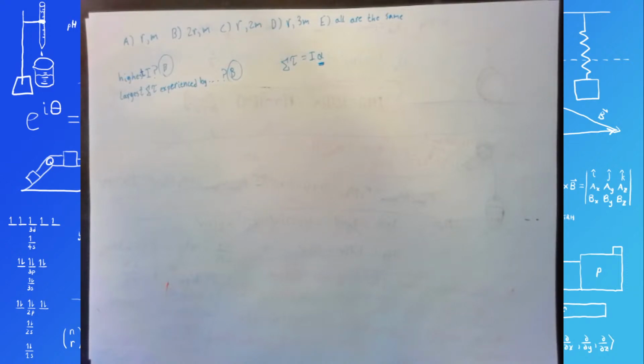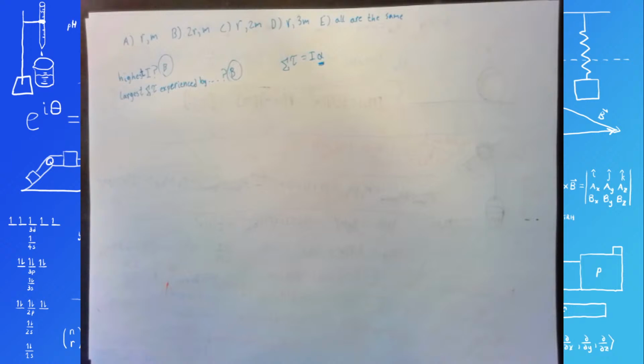And then third question, if released from rest, which object will experience the largest linear acceleration? Well, they all have the same angular acceleration, so they should also all have the same linear acceleration. They're all going to have the same angular velocities at the bottom, the same linear velocities at the bottom.